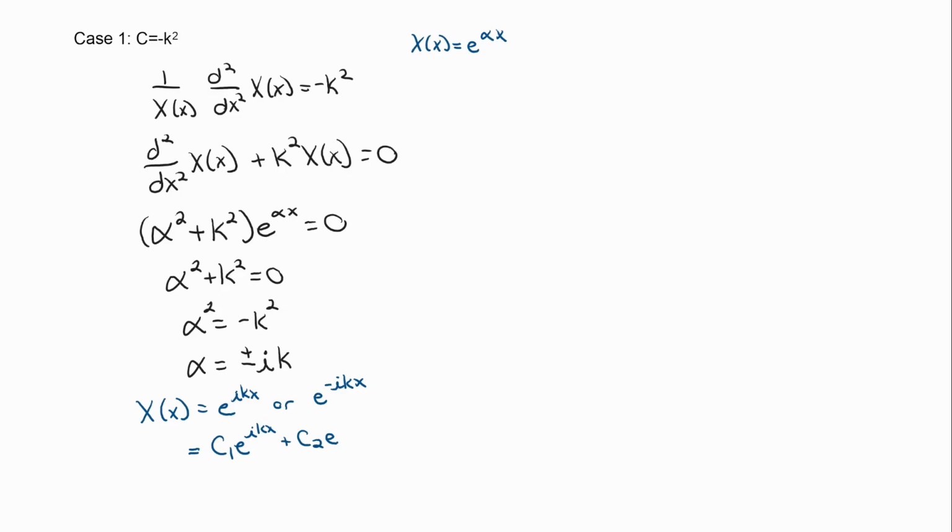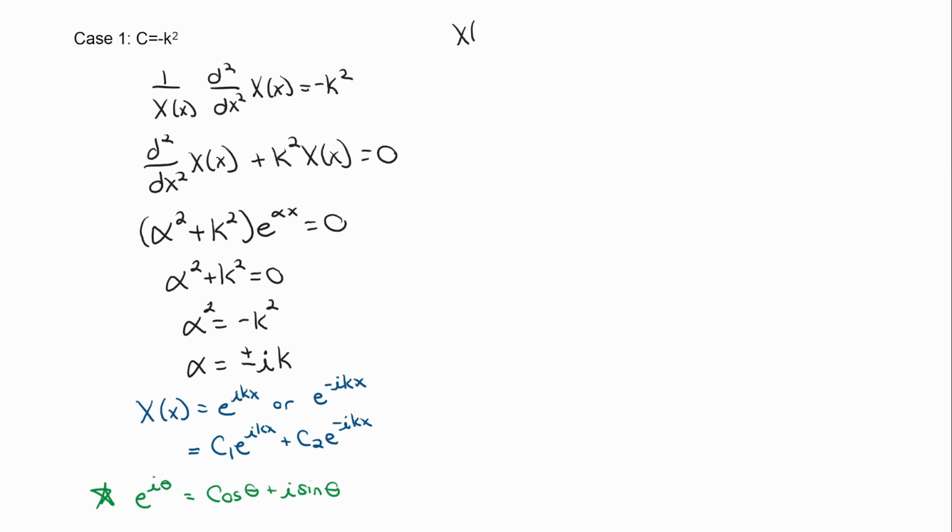And using Euler's formula, this is going to be important to actually use to solve for this, where e to the i theta, or any term after our i, is going to be equal to cosine of theta plus i sine of theta. So using this, we can actually solve for our function.